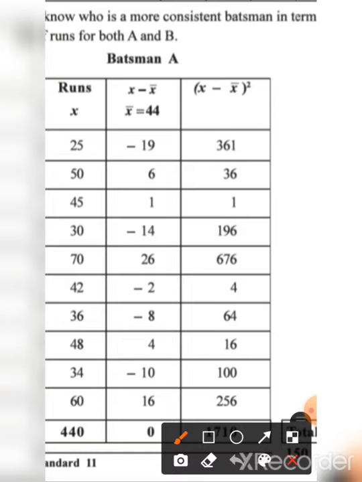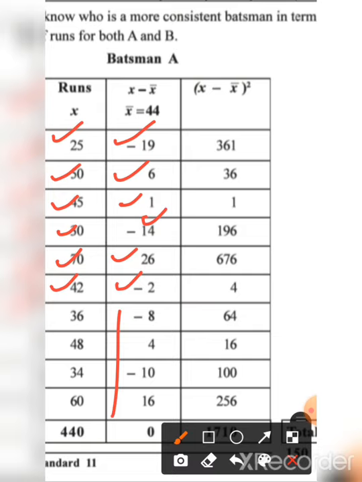When we talk about xi minus x bar, we have seen the mean is 44. So 25 minus 44 will give you minus 19. 50 minus 44 is 6. 45 minus 44 is 1. 30 minus 44 is minus 14. 70 minus 44 is 26. 42 minus 44 is minus 2, and this is how you are going to do the same for the rest of the numbers.